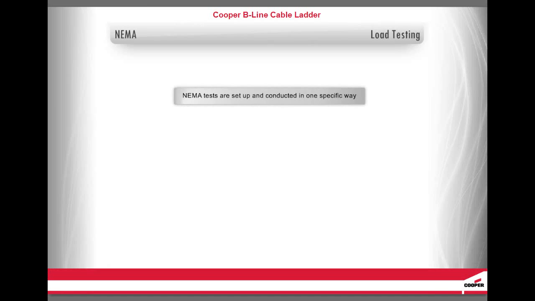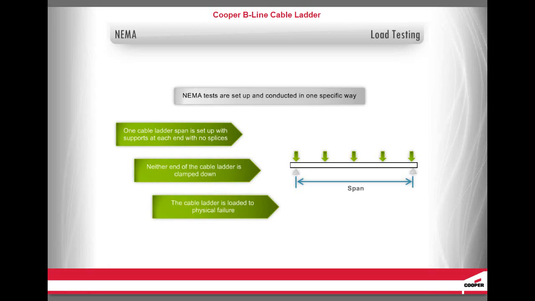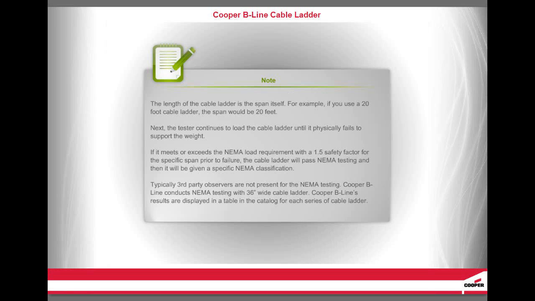The NEMA tests are set up and conducted in one specific way. To set up and conduct a NEMA test, one cable ladder span is set up with supports at each end with no splices. Neither end of the cable ladder is clamped down. The cable ladder is loaded to physical failure. The length of the cable ladder is the span itself.